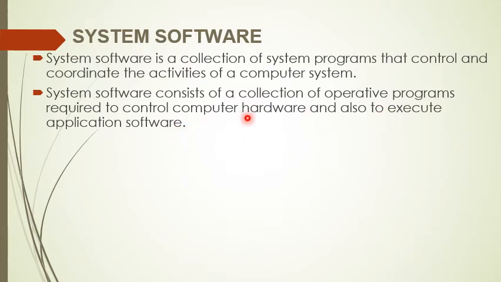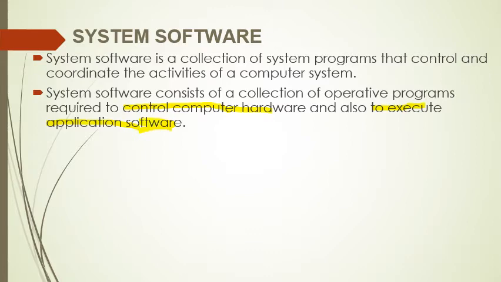So the main purpose of system software is to control the hardware, and the second part is that it is able to execute application software.